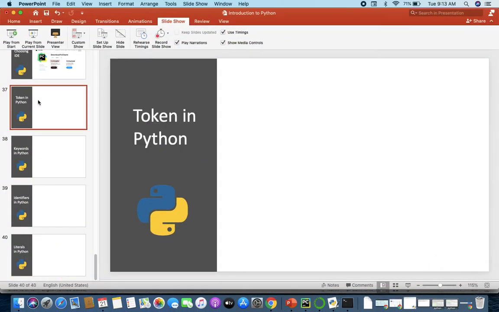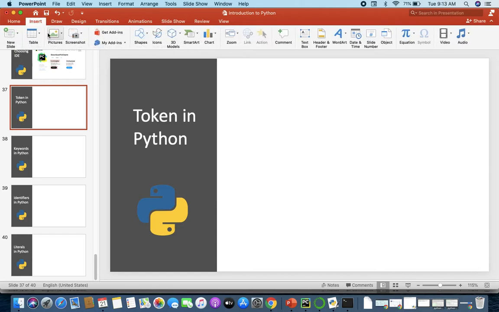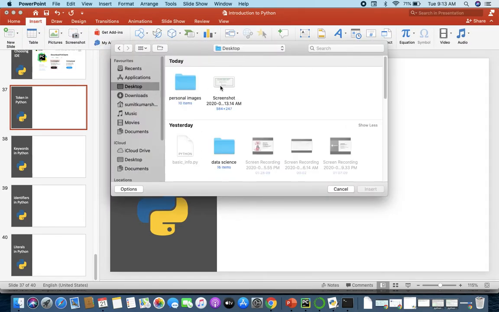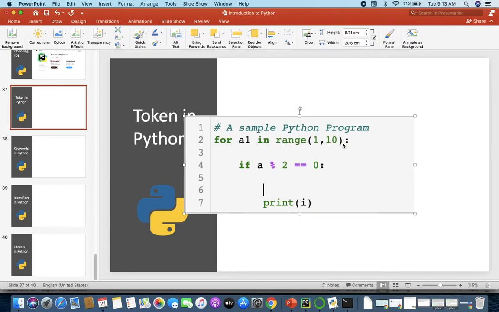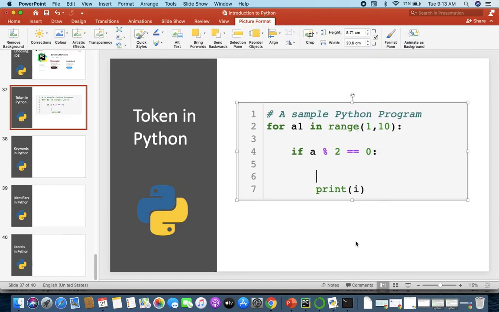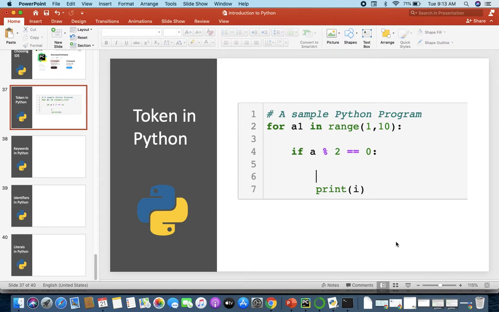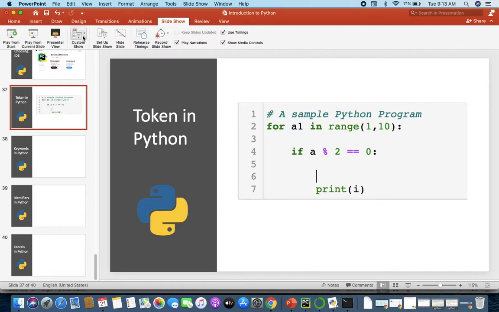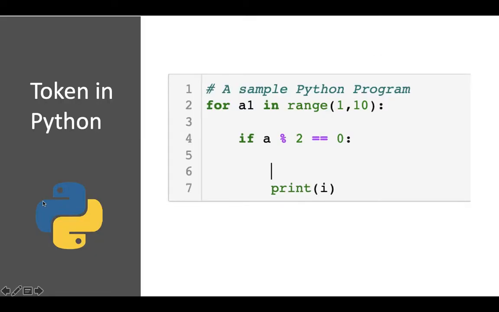Okay, now I was in the token section. Now let's say I came up with this program here. Now you have this code, right? Now, to understand what a token is, or what a punctuator is, what literals are, what operators are there, what we'll do is describe it like this.